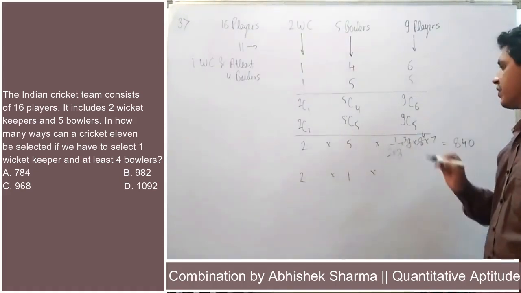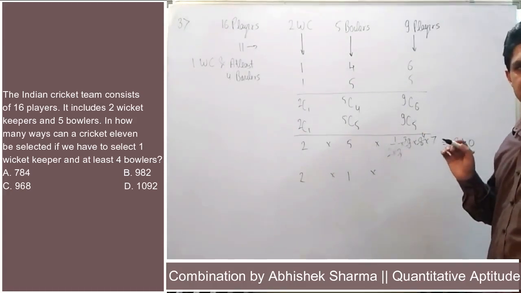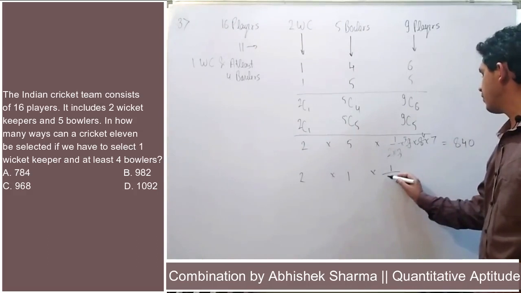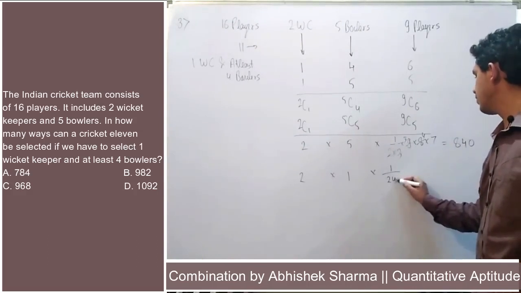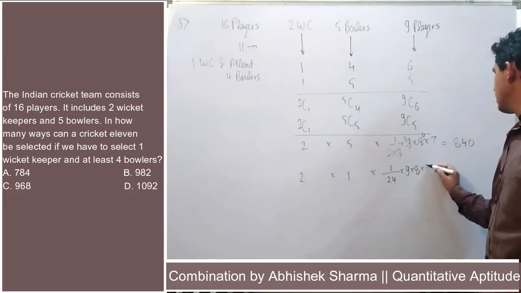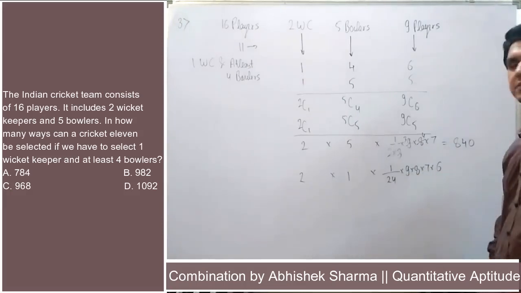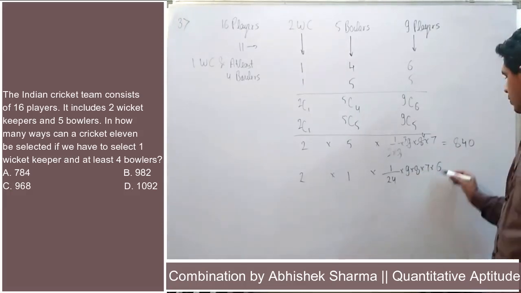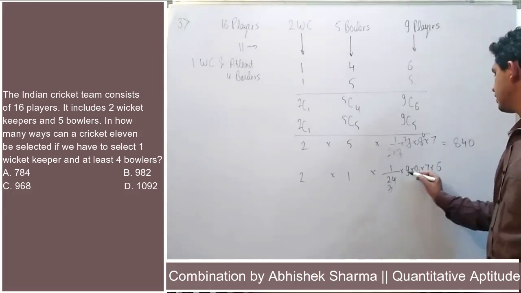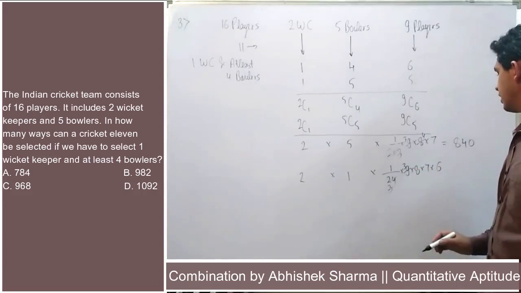Next, 5C5 can be written as 5C4, that means the value of this will be 1 by factorial 4, that means 24, multiplied by 9 multiplied by 8 multiplied by 7 multiplied by 6. When solving this, 8 3s are 24 and 3 3s are 9.